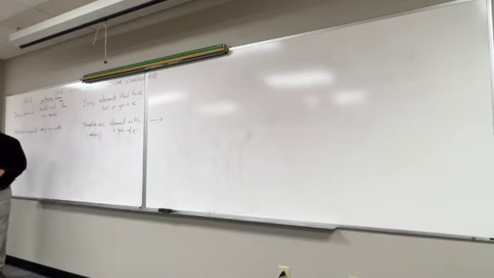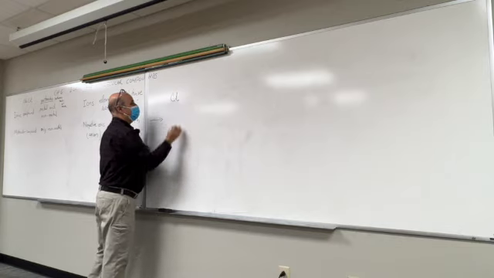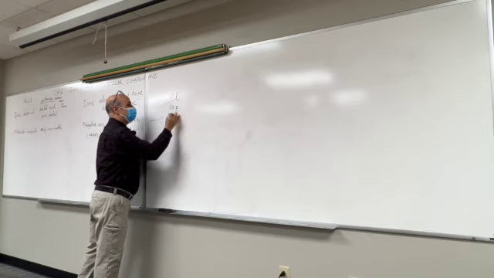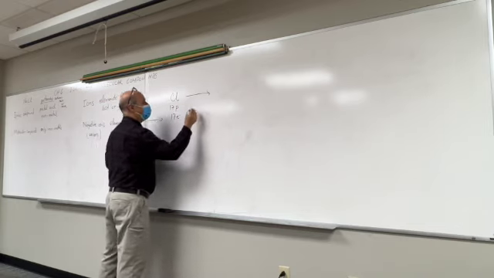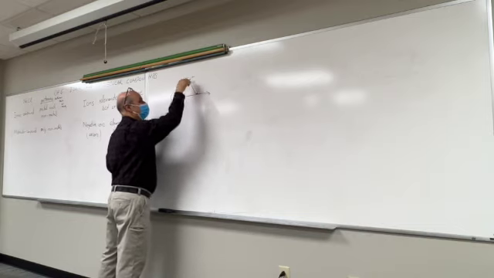Okay, so let's take a look at chlorine. Chlorine, atomic number 17, so it has 17 protons, 17 electrons. Chlorine is going to have a tendency to pick up an electron. So an electron is going to come in.